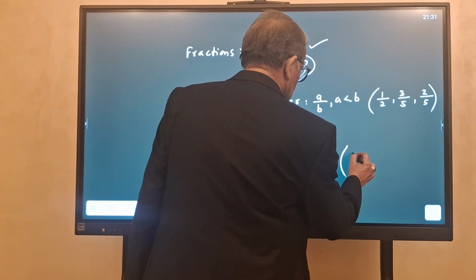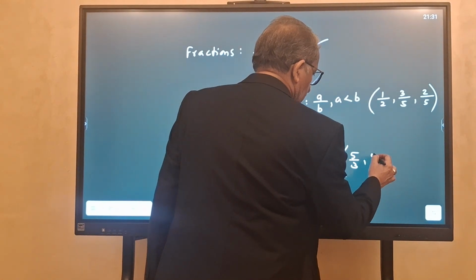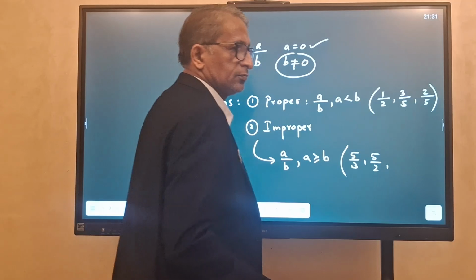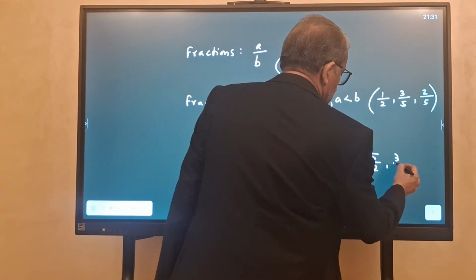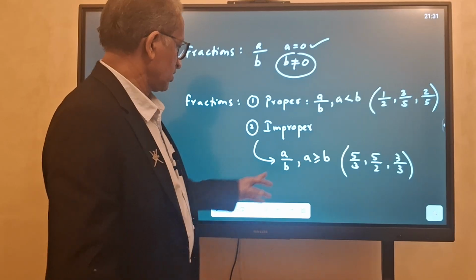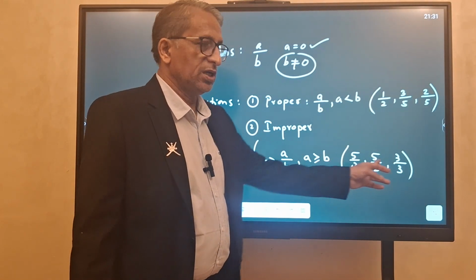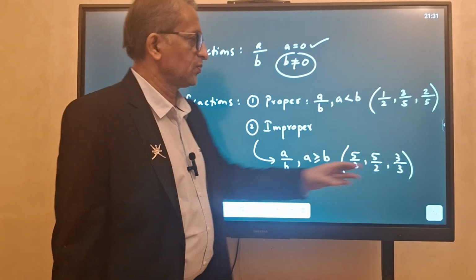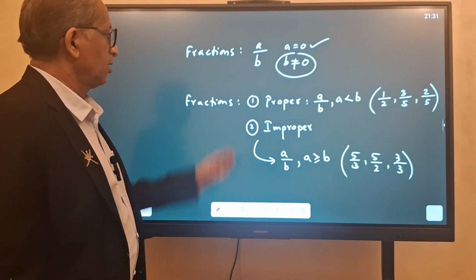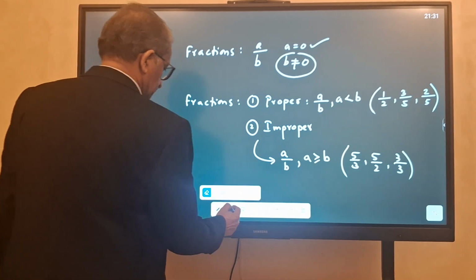For example, 5 by 3, 5 by 2, or 3 by 3 is also an improper fraction, because either a is greater or it may be equal, that is a, b are the same. So these are called proper fractions and improper fractions.